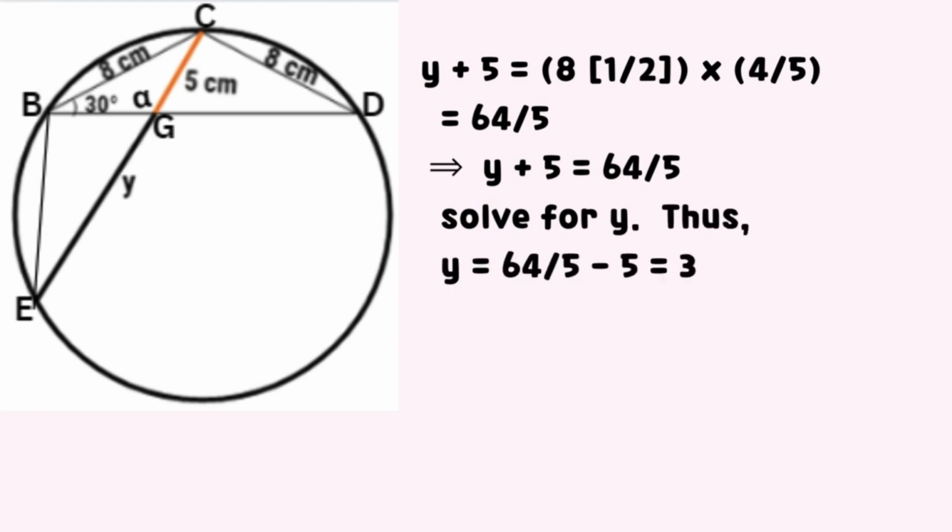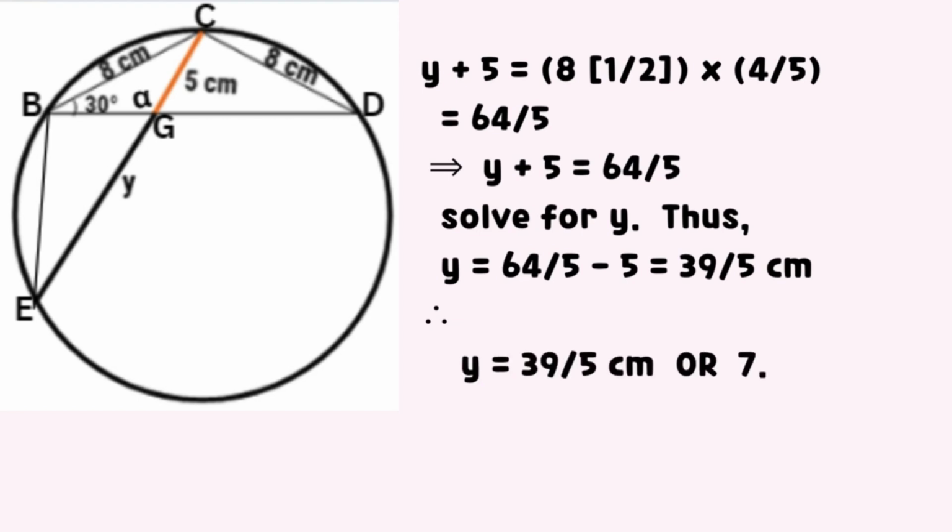Solve for y. Thus, y equals 64 divided by 5 minus 5, which equals 39 divided by 5 in centimeters. Therefore, y equals 39 divided by 5 centimeters or 7.8 centimeters.